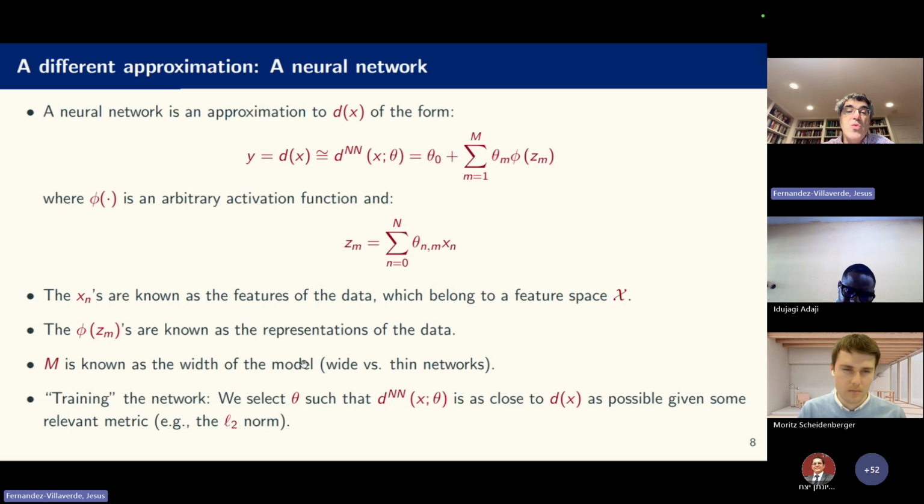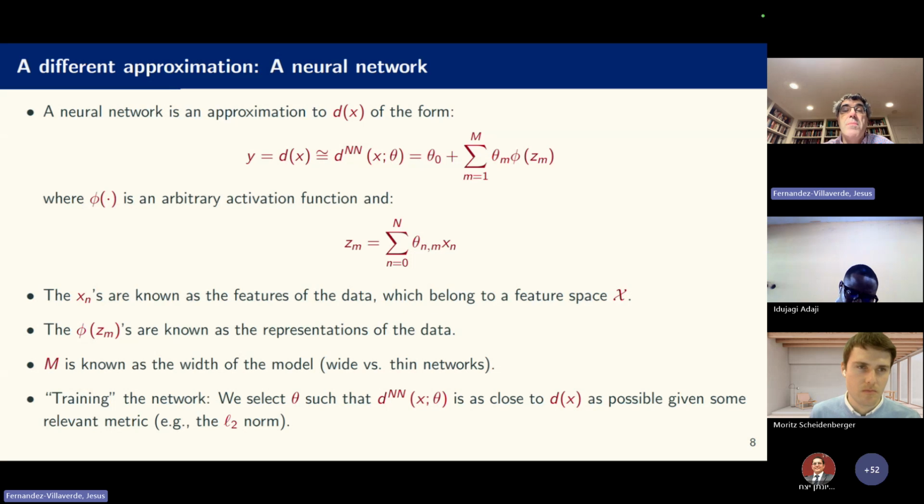When m is large, we call this a wide network. And the point is that we are going to select the thetas here, the thetas here, and the thetas here, such that this approximation d of nn is as close as possible to d of x, given some relevant metric, like for instance the L2 norm.